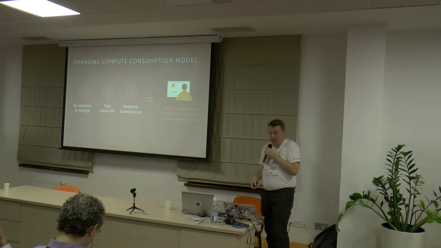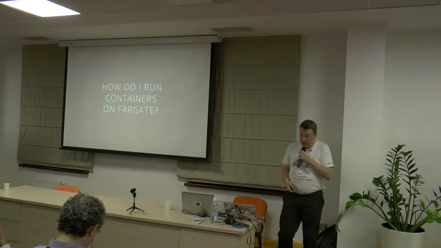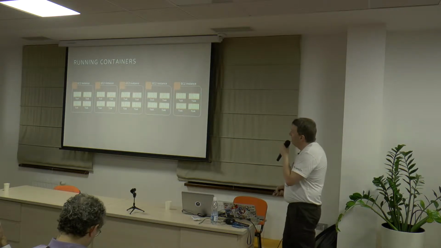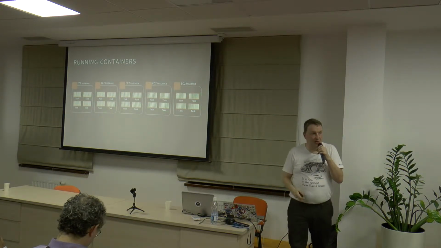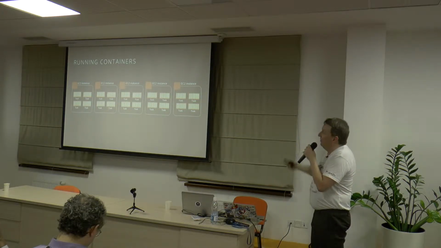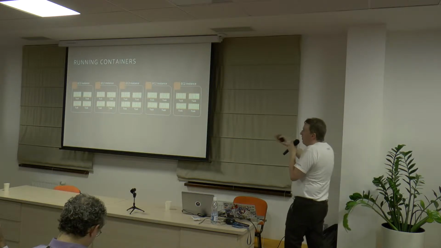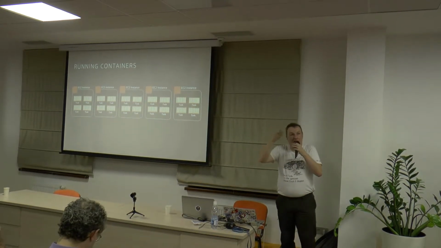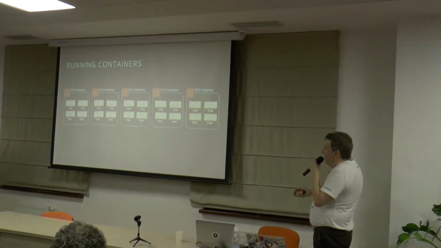So that's what Fargate is. The way this works, I guess that's what ECS looks like, right? A bunch of EC2 instances with tasks. A task is at least one container. It's 1 to n containers. So that's what ECS looks like.